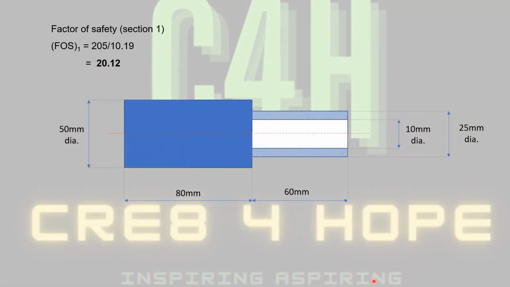So the next part is to calculate the safety factor experienced in each section. If we're assuming that this time the materials changed, and we're using some material that has a slightly higher Young's modulus, so we're probably looking at a higher quality steel.